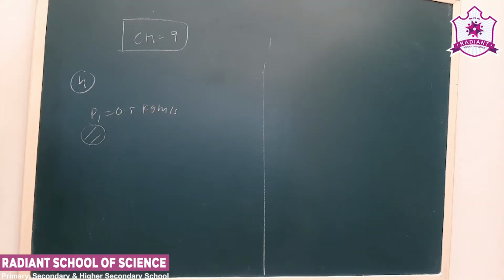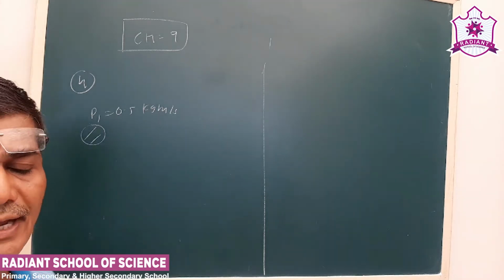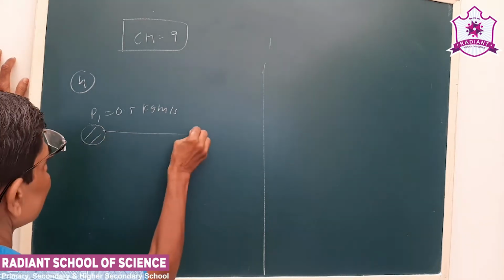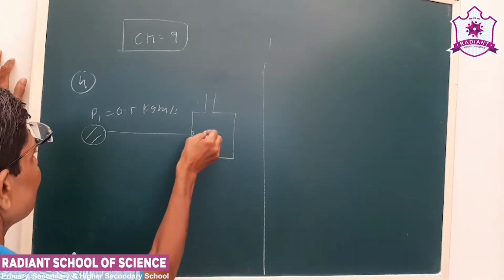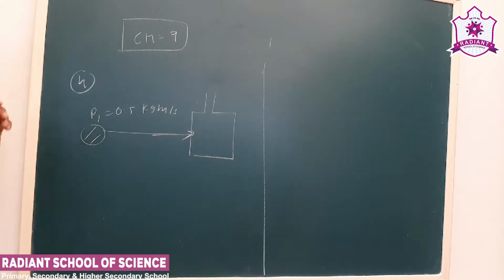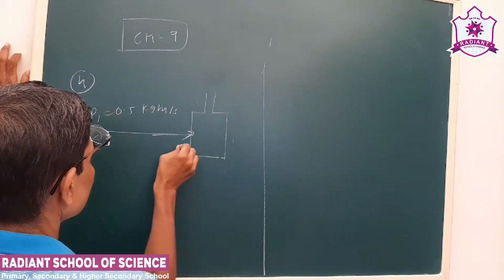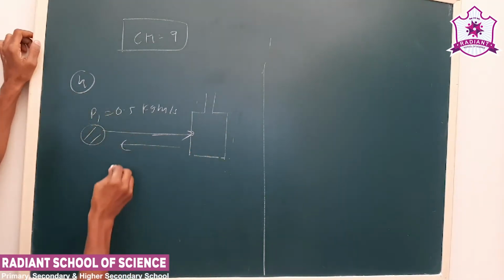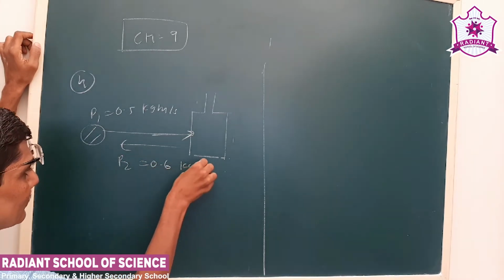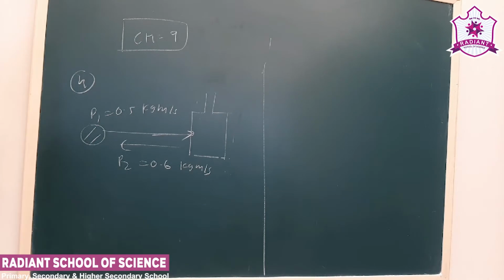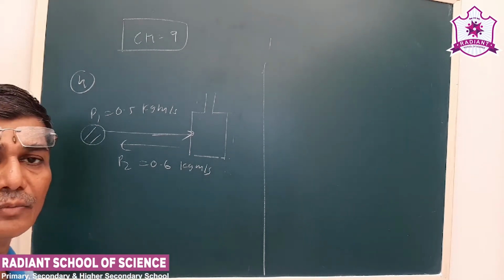See here, mass and velocity are not given, directly momentum is given. It is moving toward a batsman. The batsman hits it back with a momentum of 0.6 kg meter per second. What is the change in momentum?